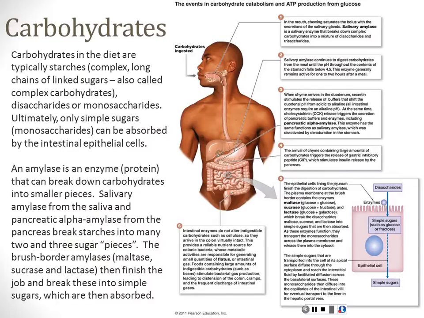So in this first step, the amylase takes this starch and breaks it into, here's a chain of 3, here's a chain of 2, here's a chain of 2, so chains of 2 and 3, di and trisaccharides. But we need to get back to simple sugars to be absorbed.